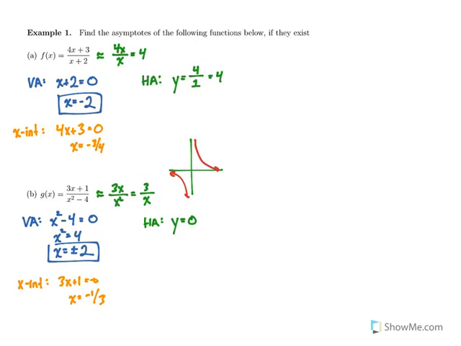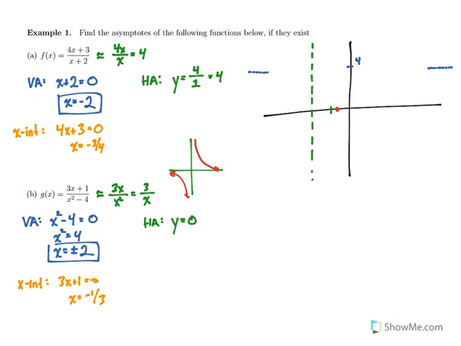All right, to think about what would happen if we graph these functions, let's look at the first one only. We have a vertical asymptote at x equals -2. We have an x-intercept at -3/4. And we have a horizontal asymptote at y equals 4. The horizontal asymptote is what's going to happen at the ends of the function.